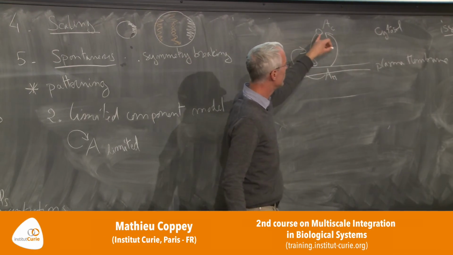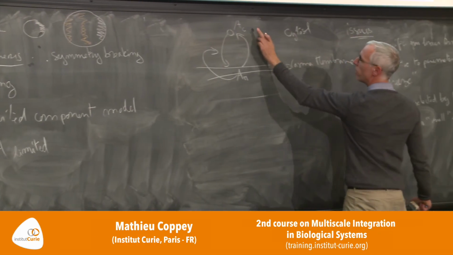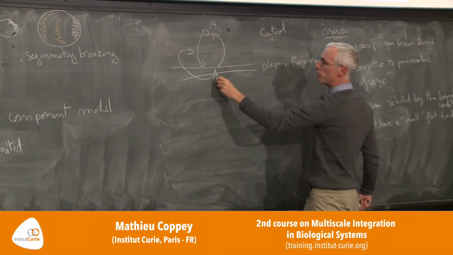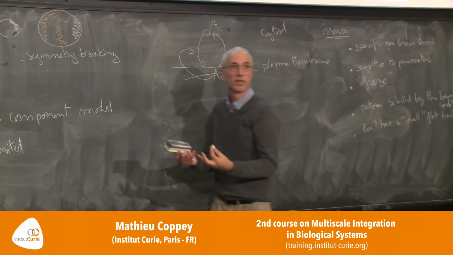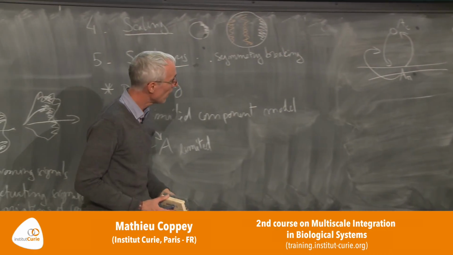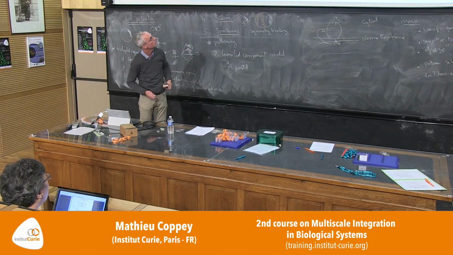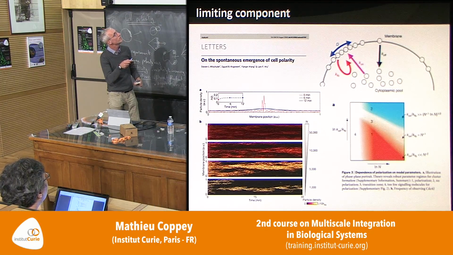But in this case, shuttling from the cytosol to the membrane is a way to have something that diffuses fast in the cytosol and that will basically have a long range effect. And the membrane, diffusing slowly on the membrane, is a way to really make patches locally somewhere. And so just with that, this is the model that was proposed a couple of years before that you can see here. You go to the membrane, you diffuse, but slowly.